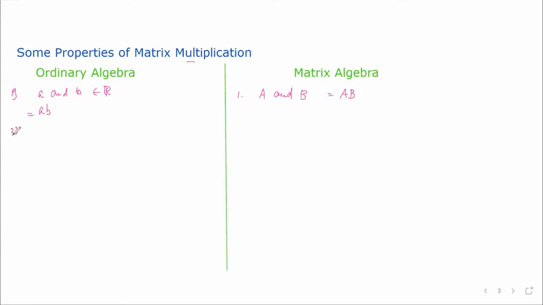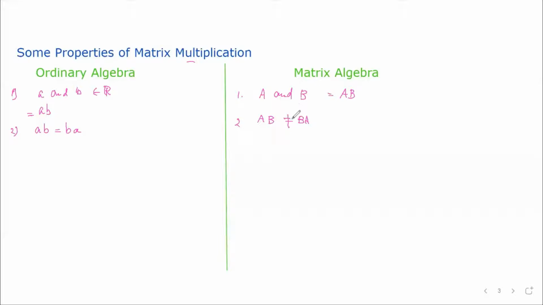But in the second property, when you have A times B in algebra, A and B are numbers. So A times B is going to be equal to B times A, it can be that way, right? But for matrices, will A times B equal B times A or not? No, right?